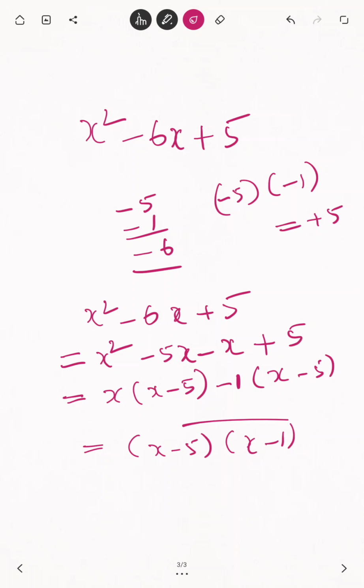Okay. Now, in order to find the zeros, what do we have to do? Put x minus 5 equal to 0 and x minus 1 equal to 0. Then x is 5 and x is 1. These are called the zero values. After this, we have to verify the zeros.